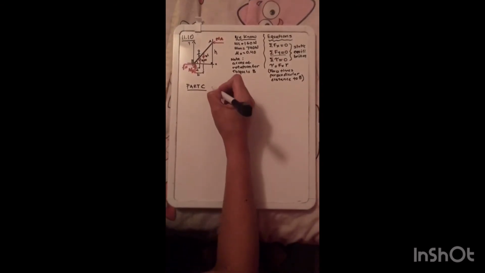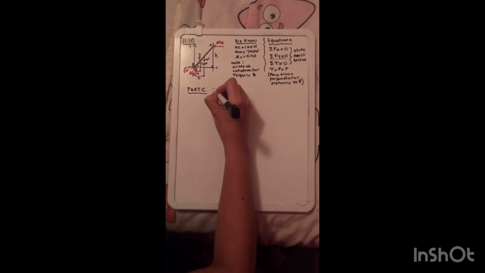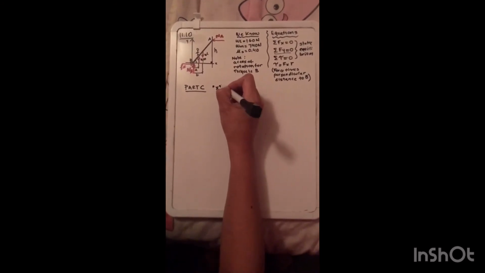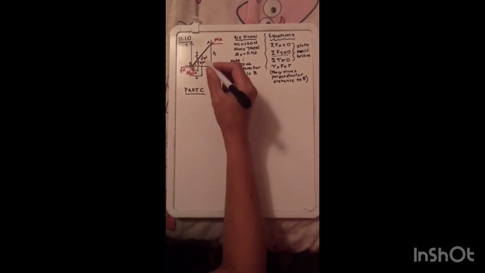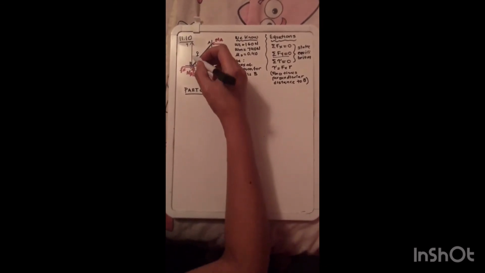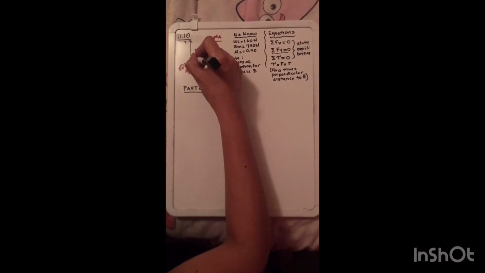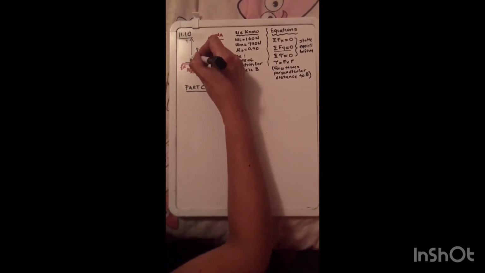Okay, for part C, we're going to find this x. Let x be the maximum distance that the man can climb on the ladder before the ladder starts slipping off the wall. So let's find this distance x over here.